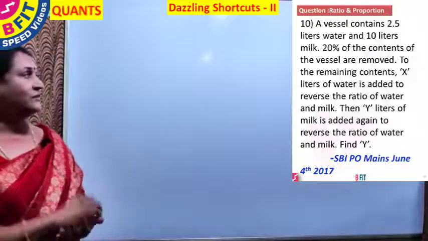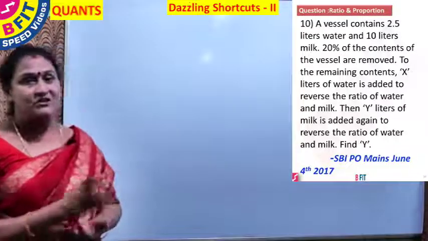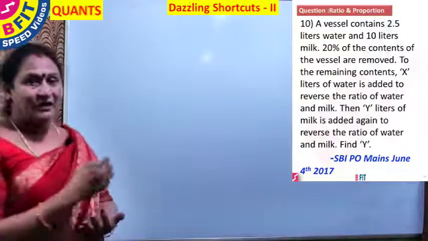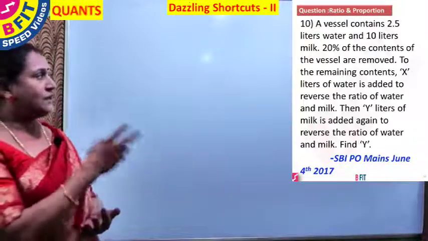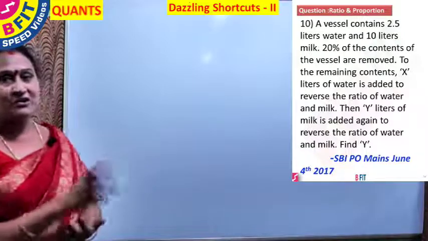So friends, here we have the concept of the ratios being reversed. When you go through the question, you'll feel that it is very time consuming because we have too many additions of first milk and then water, and ratios are all reversed.